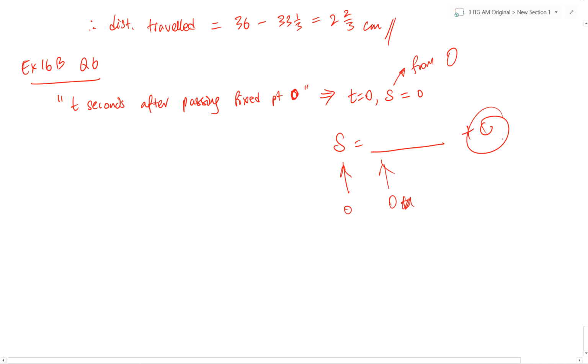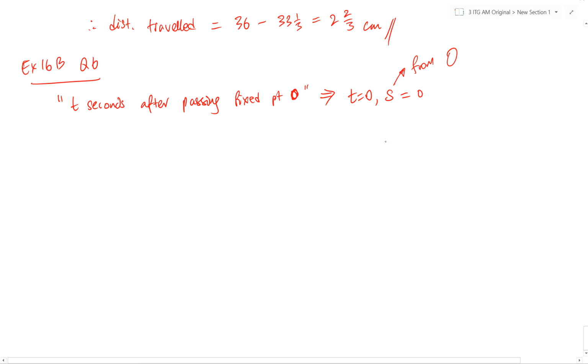Now c is not always equal to 0, especially when we have trigo. When you have, what else can we have? E to the power of something. Okay, our exponential, yes. Then our c may not necessarily be equal to 0, as we will see later on in subsequent questions.